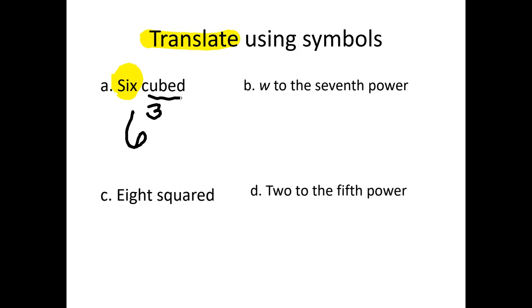Okay? Now let's take a look at B. Well, here's our base. So we're going to write our base, which is W to the 7th power. Look at C. Here's our base.